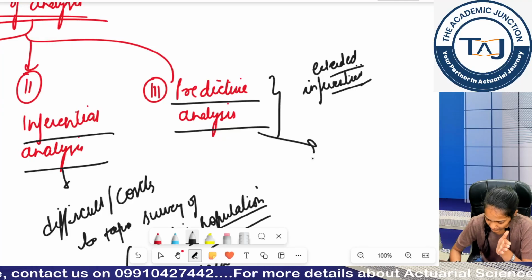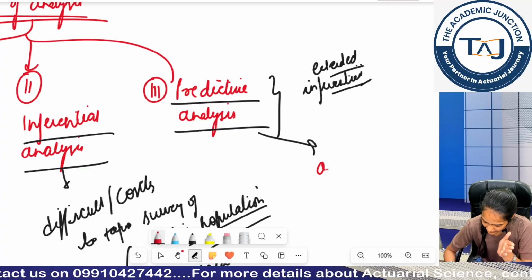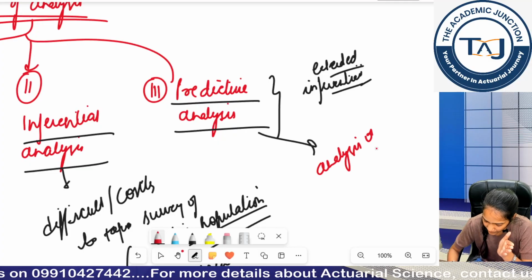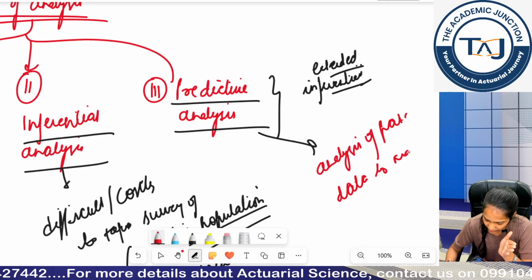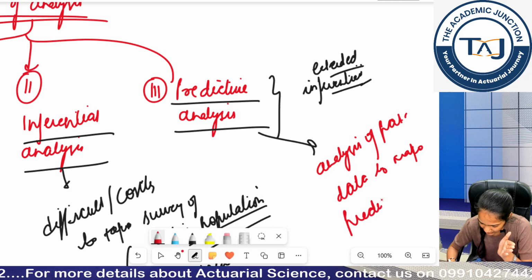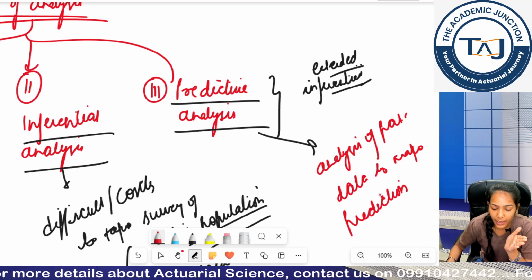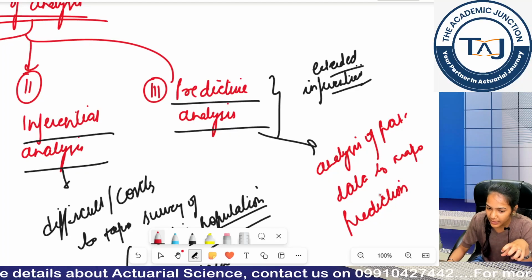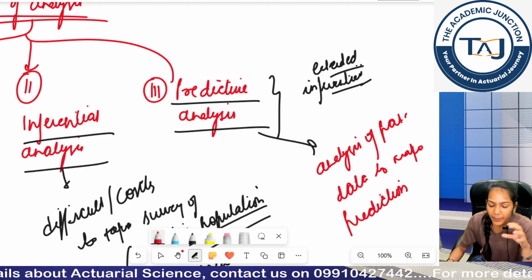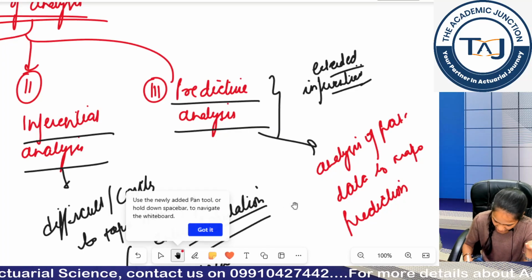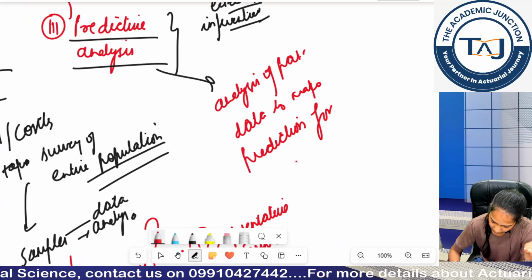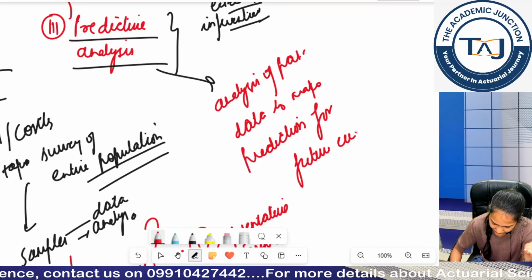So it basically involves analysis of past data to make predictions, because if I am making inferences about the recent period, I won't call it prediction. Prediction is associated with a future time period, so to make predictions for future events.